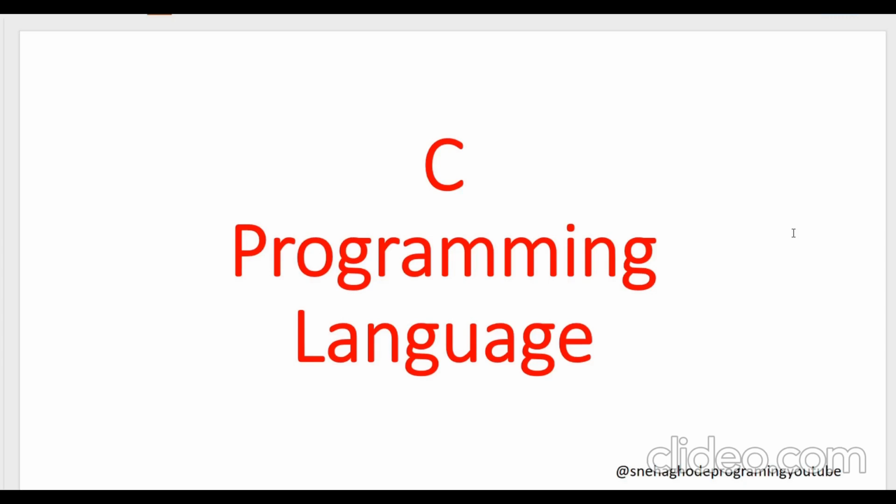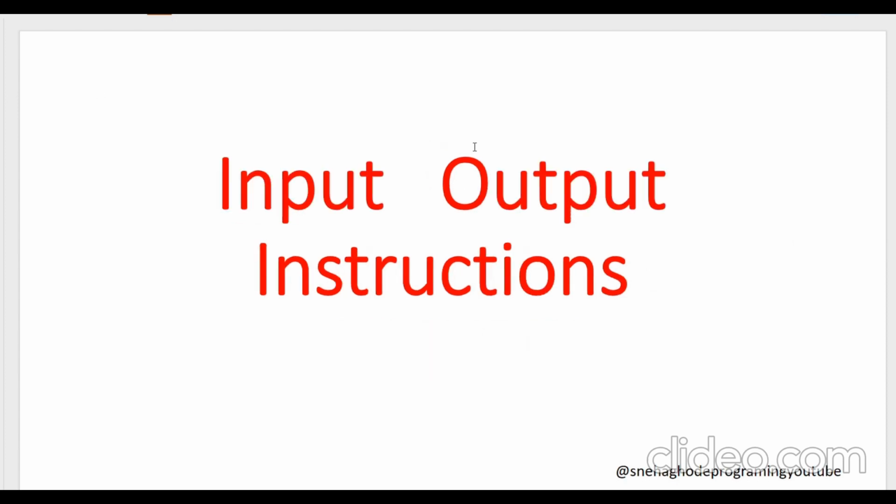In the C programming language series, our today's topic of discussion is input-output instructions. So today we are going to see what the input-output instructions are and why they are important in C language, or every language. If we are talking about a program, every program has unique input and output.